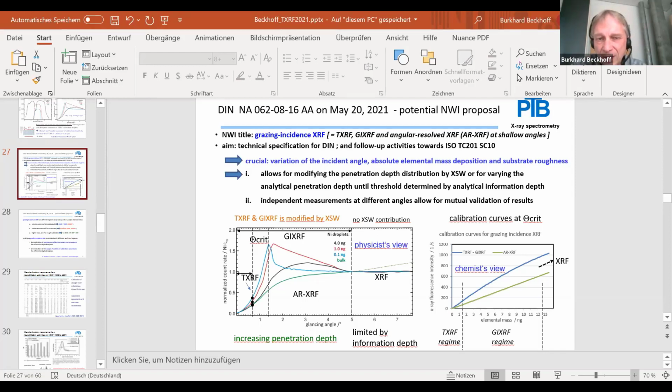So we said, no X-ray standing wave field. This is X-ray fluorescence analysis. And for small angles, it's just angular resolved X-ray fluorescence analysis. And within X-ray standing wave fields is TXRF and grazing-incidence XRF. One proposal, but I don't know. Perhaps there are many competent colleagues in the audience.